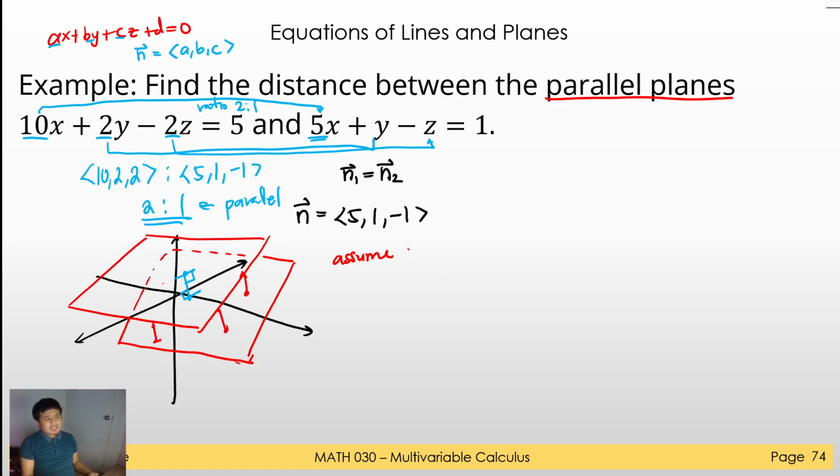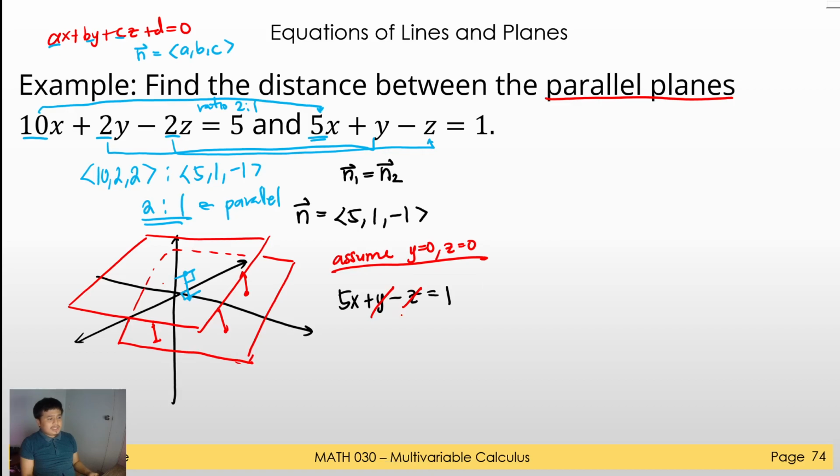So let's assume y is equal to 0 and z is equal to 0, just to find an initial point P sub 0. I will just utilize this one, the plane 5x plus y minus z is equal to 1.